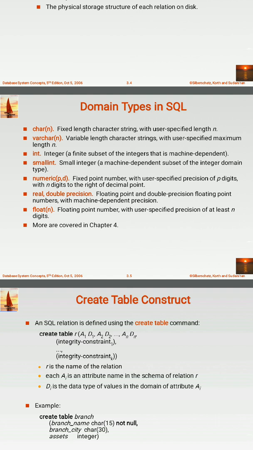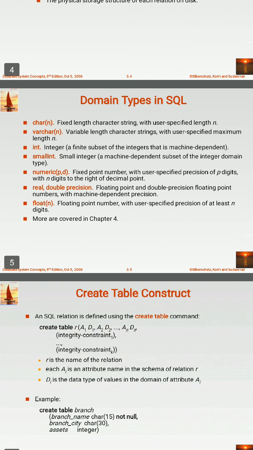Then is numeric(p,d). Now p is for precision, d is for digits. It is a fixed point number with user specified precision of p digits, with d digits to the right of the decimal point.